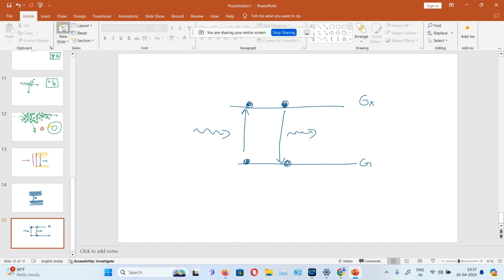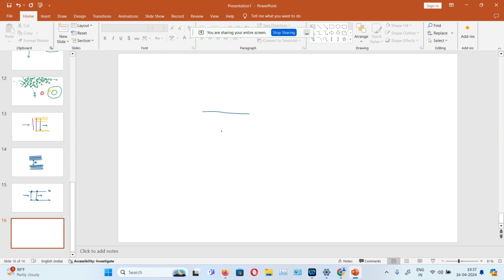Now consider the third case. If the material is already in the excited state, and we give a photon which has the same energy corresponding to this band gap, what happens when this photon interacts with the electron?